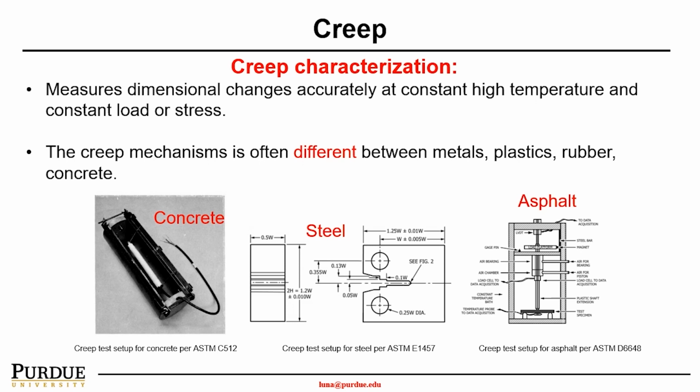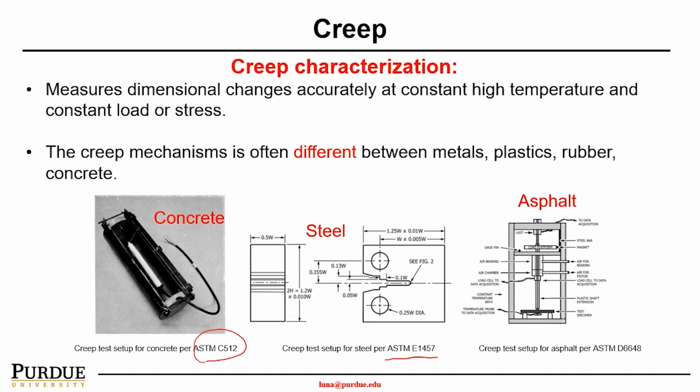So here is the testing setup for concrete, for instance, per ASTM C512. For steel, you're looking at ASTM E1457. And again, the creep mechanism is very different between metals, plastic, rubber, or concrete. Again, it's because of the material's properties, right?